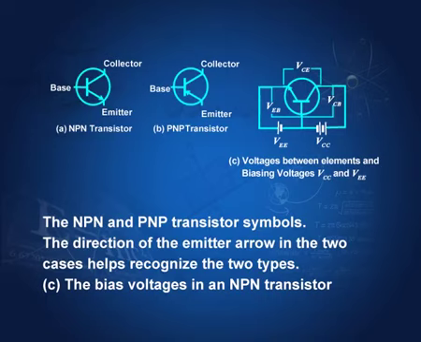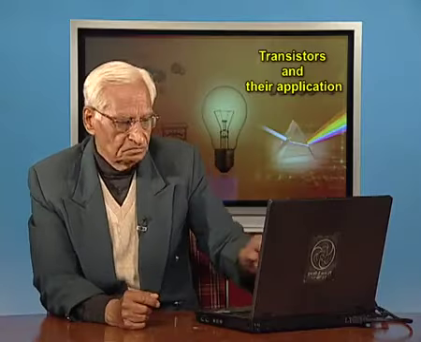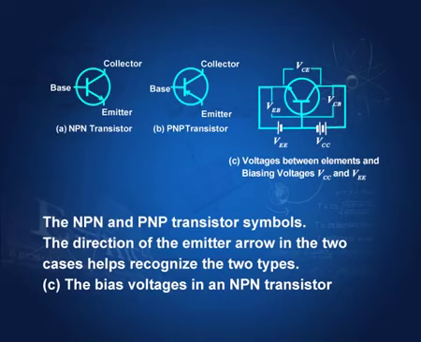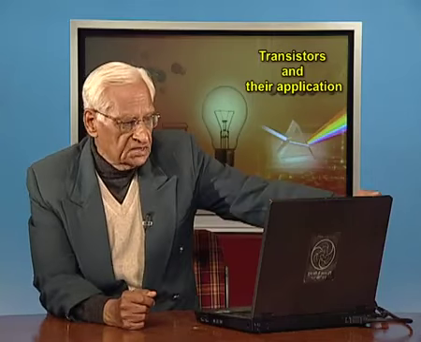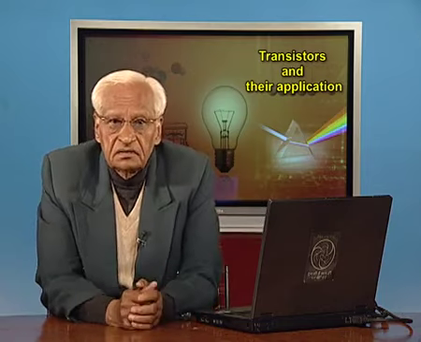The battery in this circuit would be denoted by VCC. In this circuit, the battery will be denoted by VEE or sometimes by VBB, depending upon the connections. So, these are the symbols, and the NPN and PNP transistor symbols are here. The direction of the emitter arrow in the two cases helps recognize the two types. If the arrow is coming out, it is an NPN transistor.